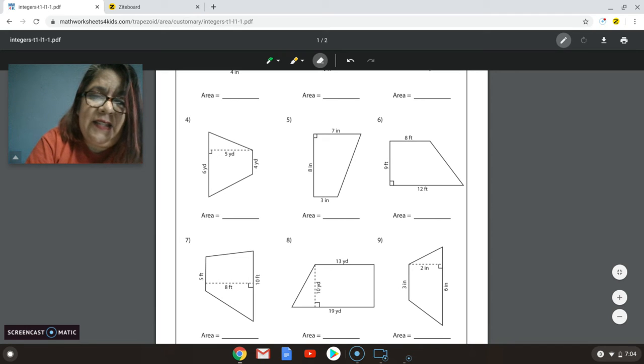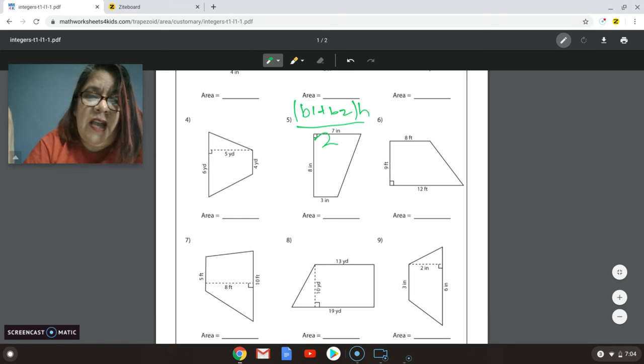Yes, it is base 1 plus base 2 times the height divided by 2. After I write the formula down, what do I need to do with the numbers, the dimensions that we have in our figure?